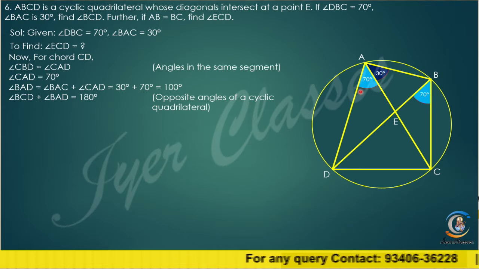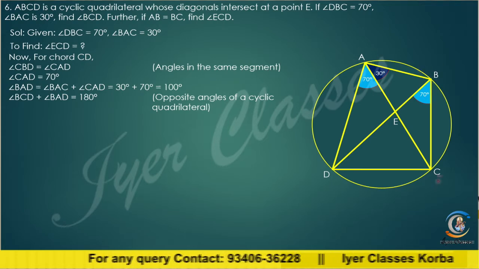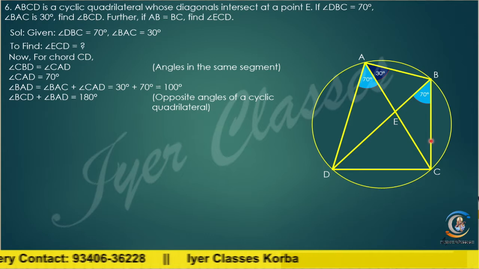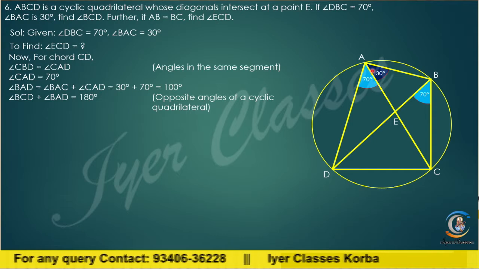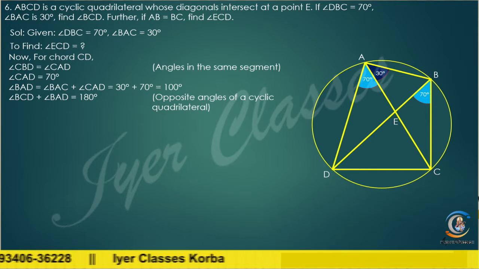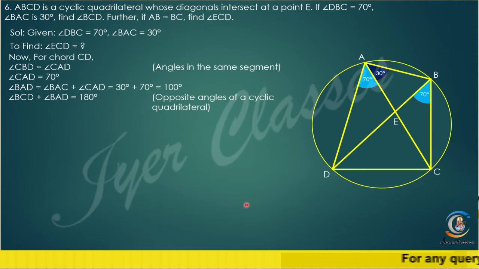But you know that ABCD is a cyclic quadrilateral. Now what do you know about the cyclic quadrilateral? If you add up angle A and angle C, which are the opposite angles of a cyclic quadrilateral, they sum up to 180 degrees.